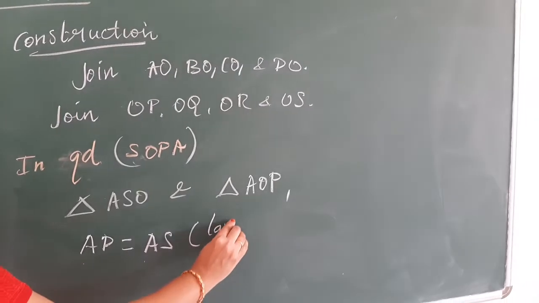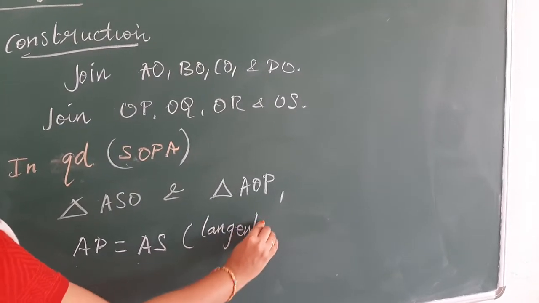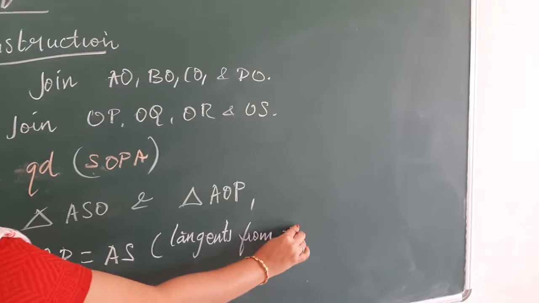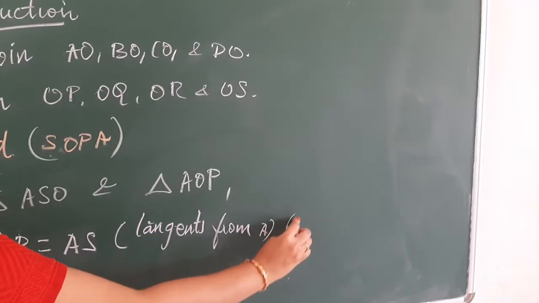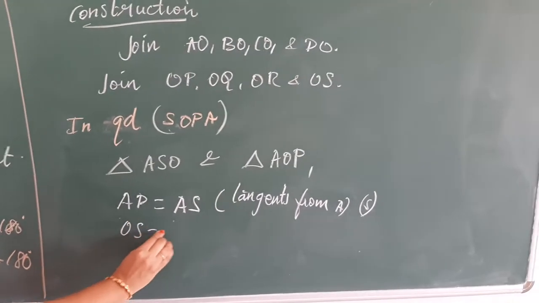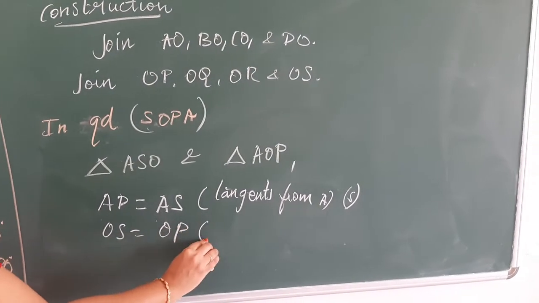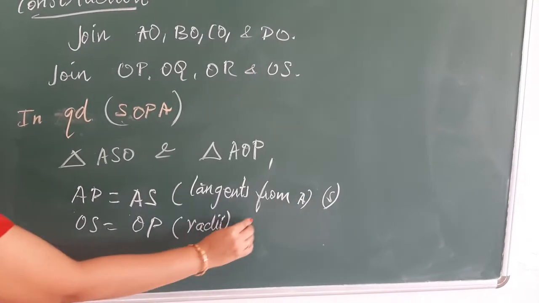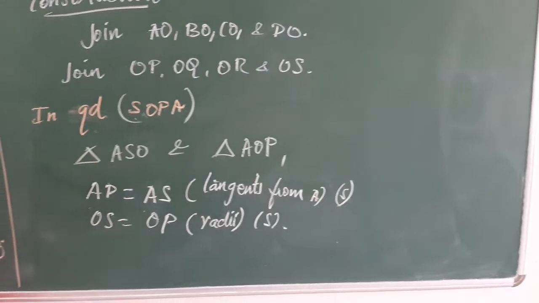Because these two are tangents from the point A. So one side is equal. Then the side OS is equal to OP. How are these two sides equal? These two sides are radii of the same circle. Therefore, the second side is also equal.